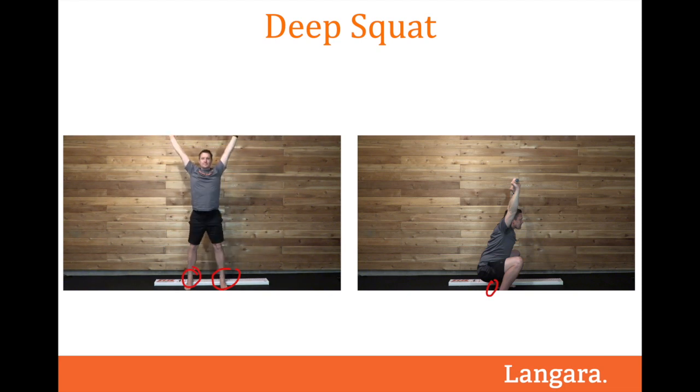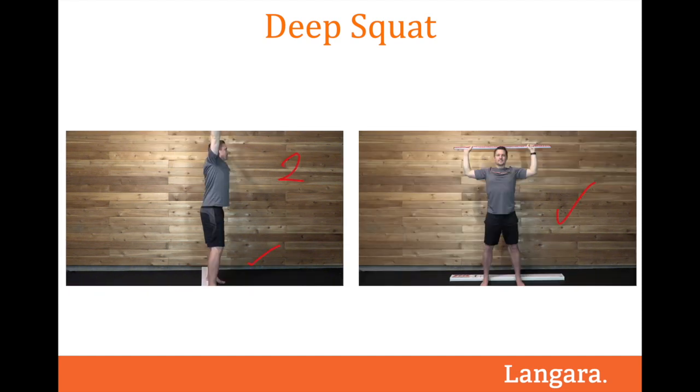My torso is parallel with the tibia or towards vertical. My femur is below horizontal. My knees do not track inside of my feet, and the dowel is aligned over my feet. So right there would be a score of 3. Now, if you're scoring a 2, first off, your heels are going to be on the board.